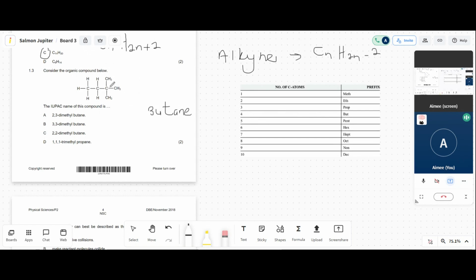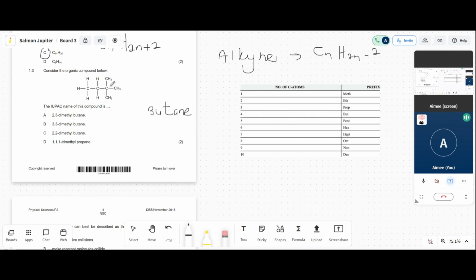Okay, and as I said, you start counting from the side that will give your chains the lowest number at the front, which is going to be 1, 2, and we've got 2 chains. So you say 2, 2, and our chains consist of 1 carbon, which means their prefix is going to be meth, and because there's 2 of them, we use another prefix of di, and di means two. So we say 2,2-dimethylbutane.